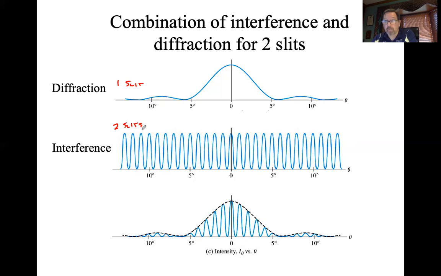When I showed you a photograph of that interference pattern, as you got further from the zero angle, it kind of mushed away into just a darkness. And it wasn't out at 90 degrees. It was at a fairly small angle, maybe 5, 10 degrees, like it's shown on this diagram. Here's why.